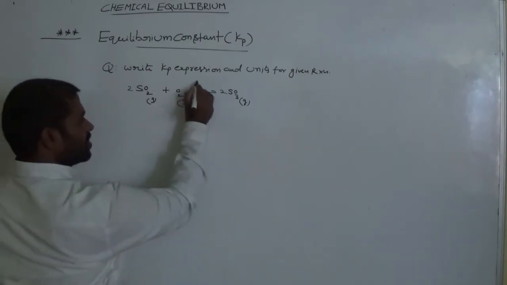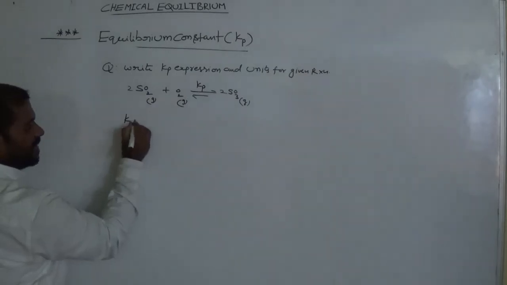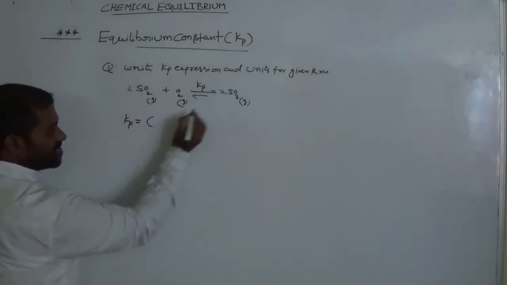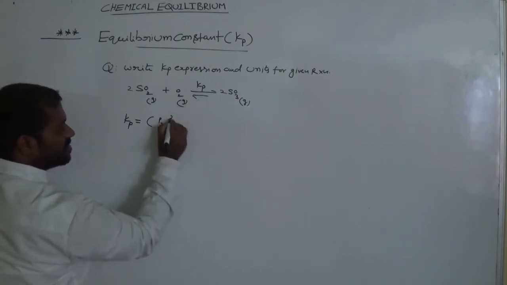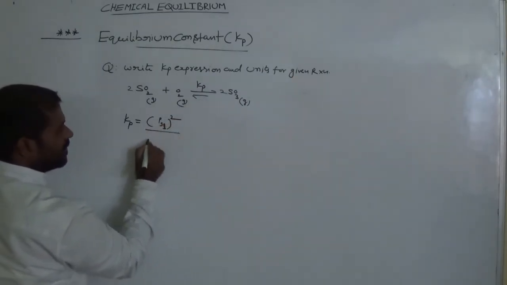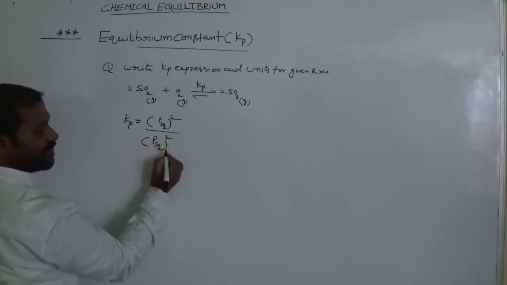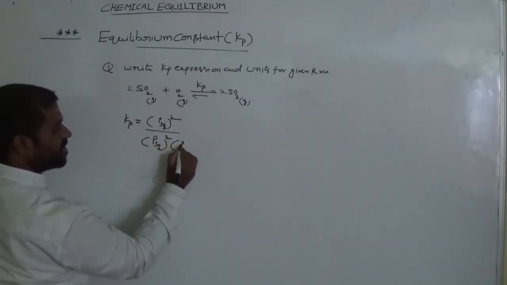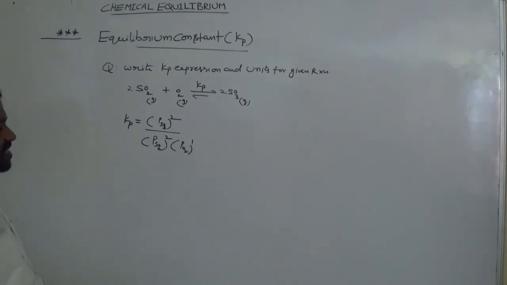So here the equilibrium constant is Kp. So Kp is equal to what? Partial pressure of SO3 whole power 2 by partial pressure of SO2 to the power 2, partial pressure of O2 to the power 1. This is the Kp expression.